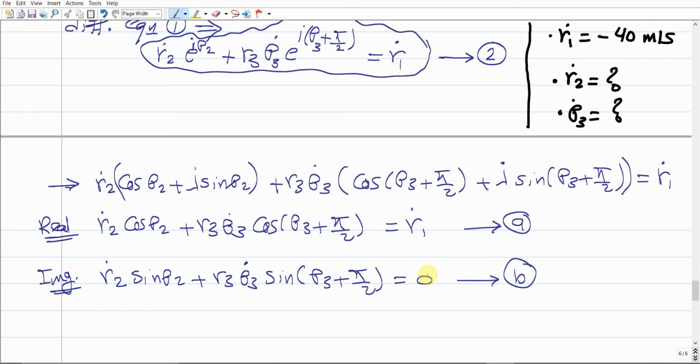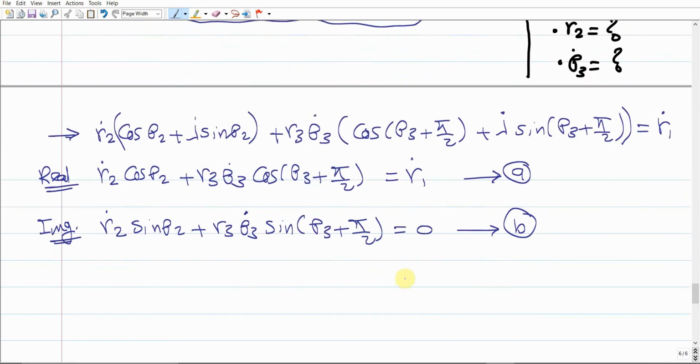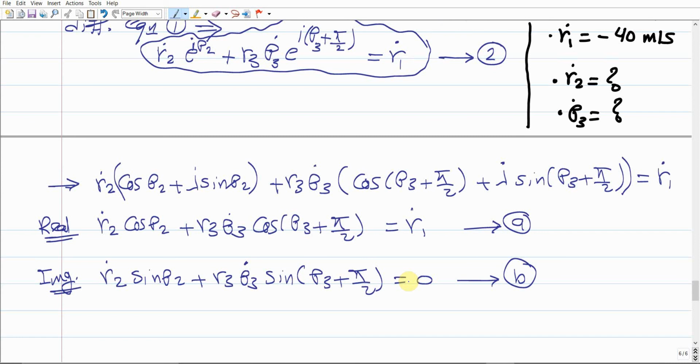So we end up with two equations with only two unknowns. Very simple. They are two algebraic equations, so you aren't going to find angles like we did in the position analysis. These two linear algebraic equations can be easily solved even using a calculator, or by elimination.